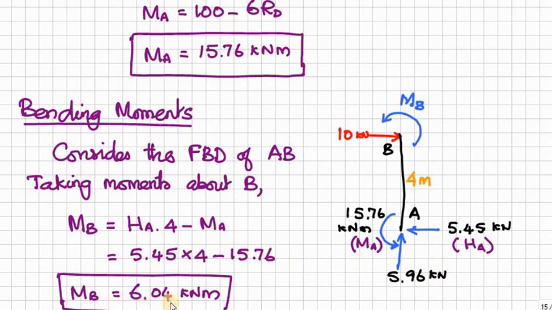Therefore MB is equal to 6.04 kilonewton meter. In AB, this MB is acting in anti-clockwise direction, but for the BC column, this MB will act in the opposite direction, that is the clockwise direction.